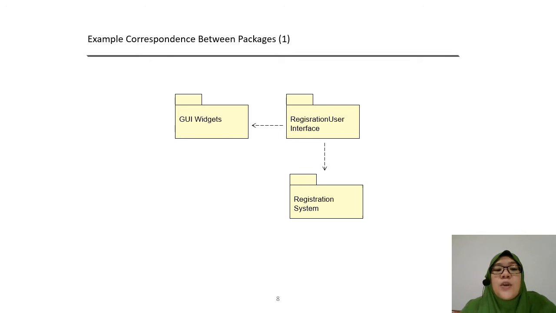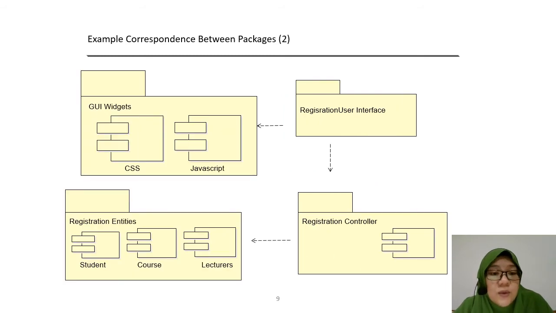Then you have the GUI widget. This GUI widget may be your CSS, your Bootstrap, or your JavaScript, something that you use to enhance your user interface. Then there's your registration system. This is your software, so you're grouping all your software modules into just one package called registration system. This is one example of how you can do it.